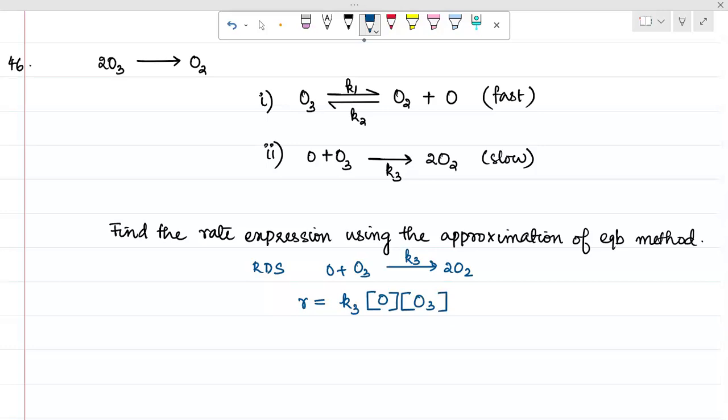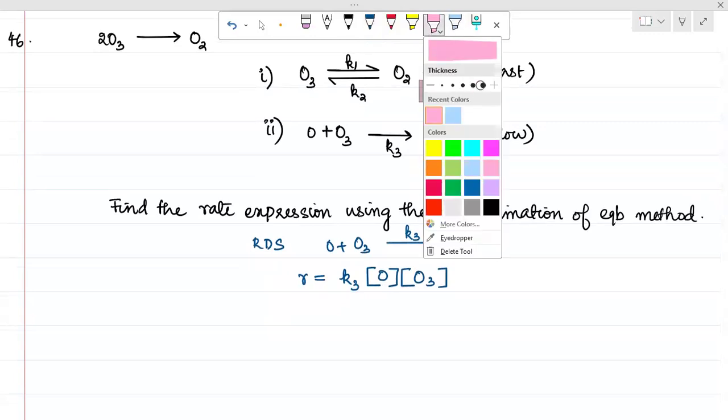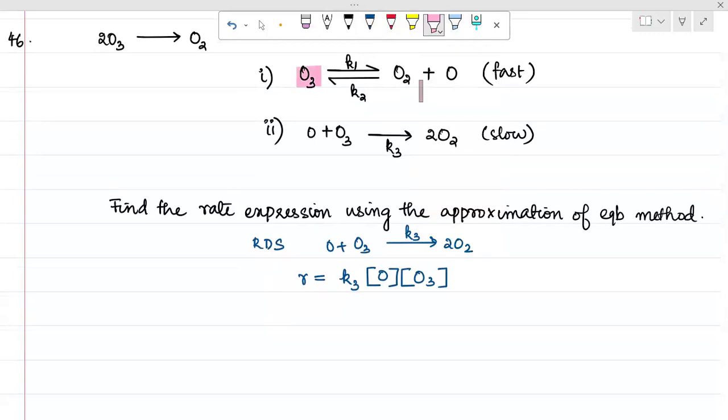Correct. Now, if you look at this expression, O3 is something which is there in the reactant. O3 is a reactant, and that is stable. The reactants and products are stable. All those species which are not part of the reactant and the products are called intermediates.